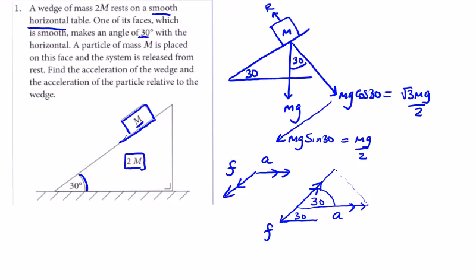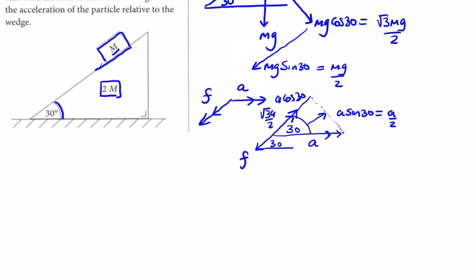This side is a sin 30, which is a over 2, and this one is a cos 30, which is root 3a over 2.